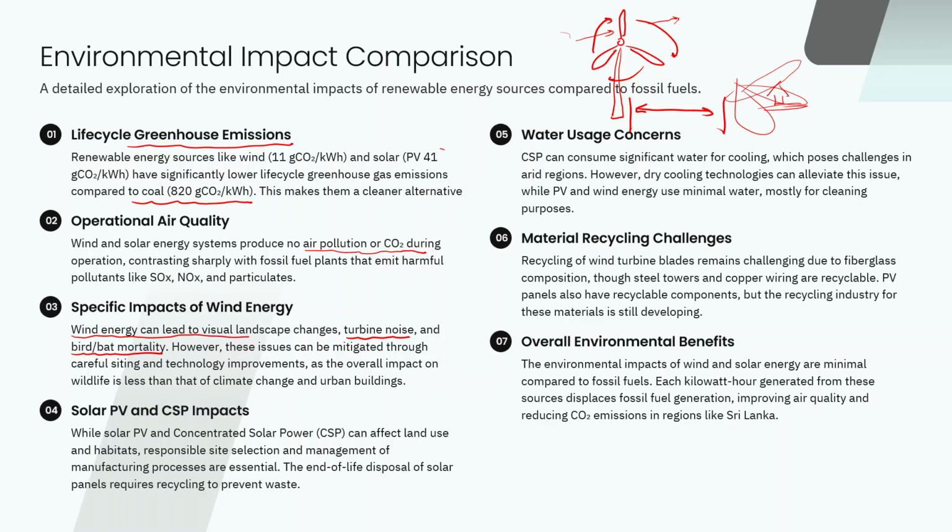And when you design the turbine cover, you can make it soundproof, so you can reduce the sound coming from the turbine to the other sides and so on, right? So various techniques can be used to mitigate these kinds of impact.